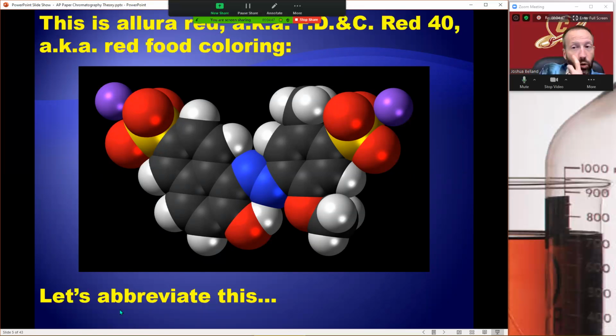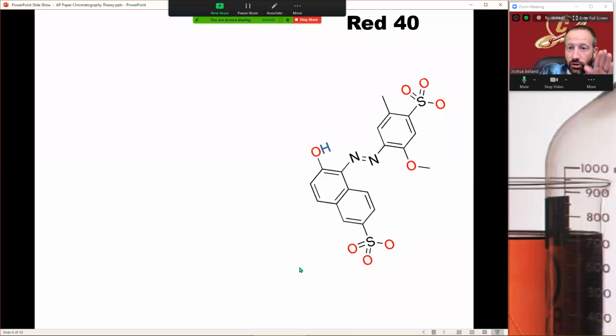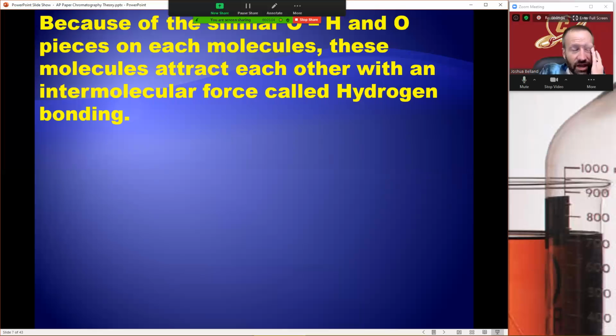Okay, we're going to abbreviate that too, and I'm going to put that over on this side. So here's my red 40, and I try to color code similar elements as with the cellulose, okay? So I've color-coded some parts there. So we have some oxygens, we have some hydrogens. We have some hydrogens directly attached to some oxygen. So tell me, is that gonna be set up for something special?